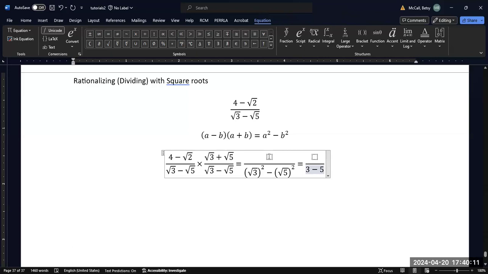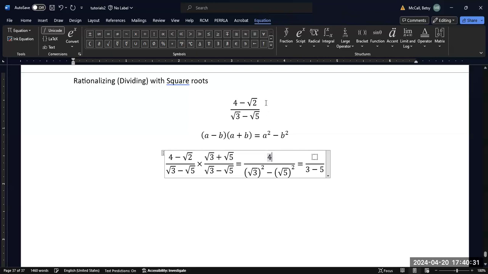Now, in my numerator, I'm actually going to have to do the foiling, because I don't have any common radicals at all. This is the sacrifice we make in order to simplify the denominator. We turn the numerator into a bigger mess.